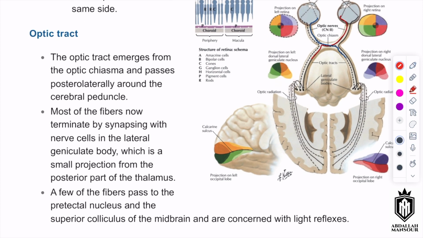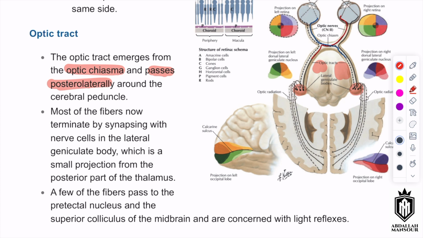The optic tract emerges from the optic chiasm and then passes posterolaterally around the cerebral peduncle. So you can see here, this is the optic tract, and these are basically called the cerebral peduncles. Most of the fibers will terminate by synapsing into the lateral geniculate body, and this is the lateral geniculate body on both sides.